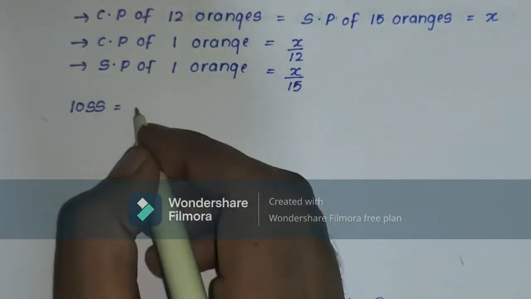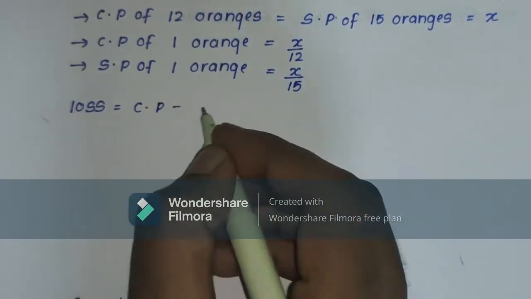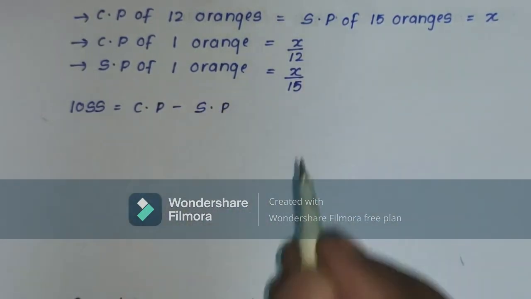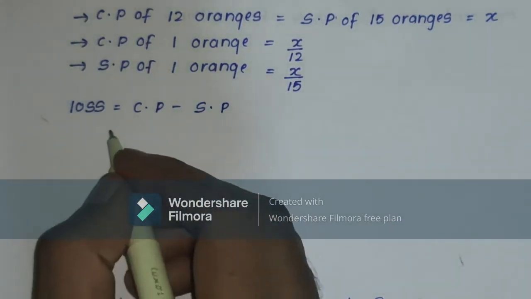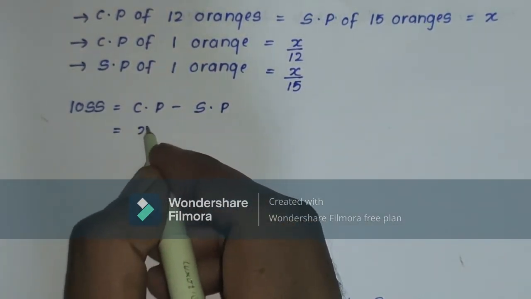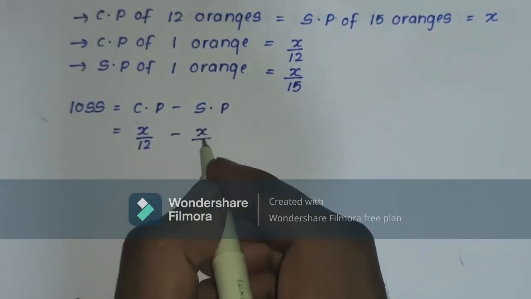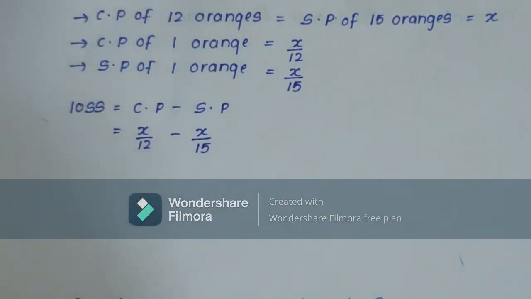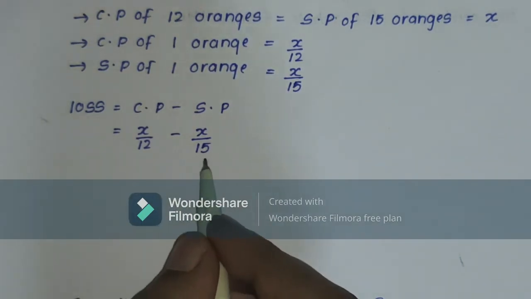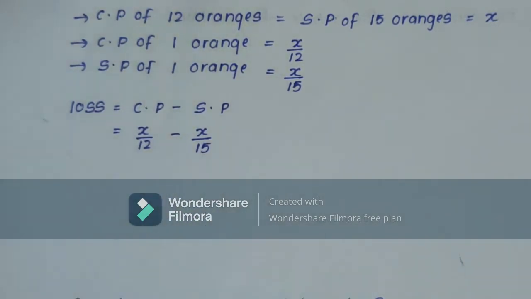Therefore, loss is equal to CP minus SP, student. What is the value of CP? We will say CP is equal to X by 12 and SP is equal to X by 15. Now, what is the LCM of 12 and 15, student?